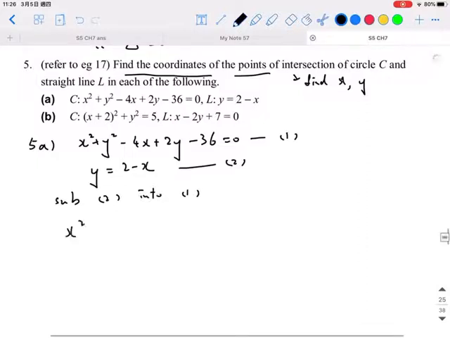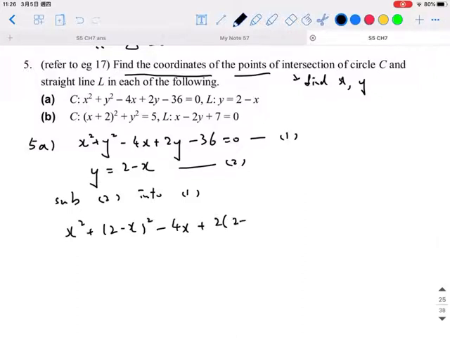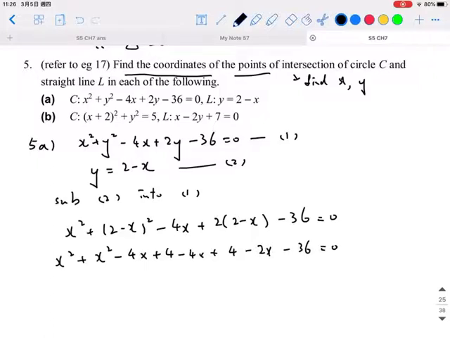So substitute 2 into 1. So x squared plus (2 minus x) squared minus 4x plus 2 times (2 minus x) minus 36 equal to 0. And then just simplify the equation. So x squared plus 4 minus 4x plus x squared minus 4x plus 4 minus 2x minus 36 equal to 0.